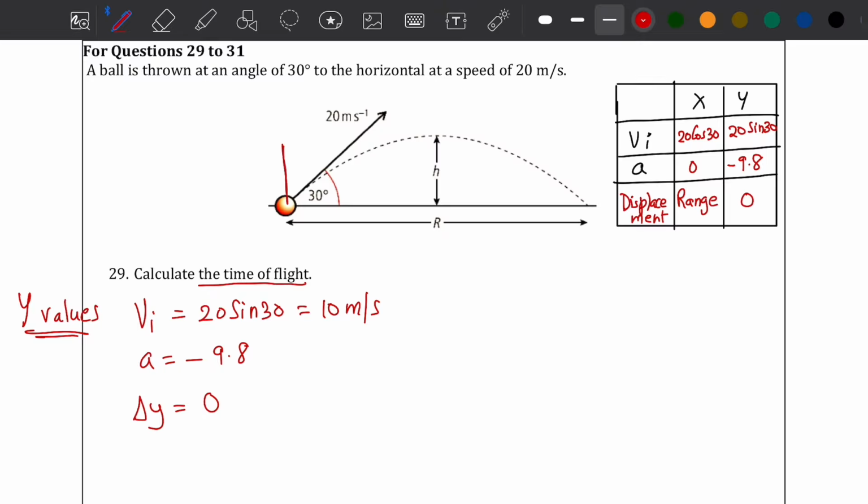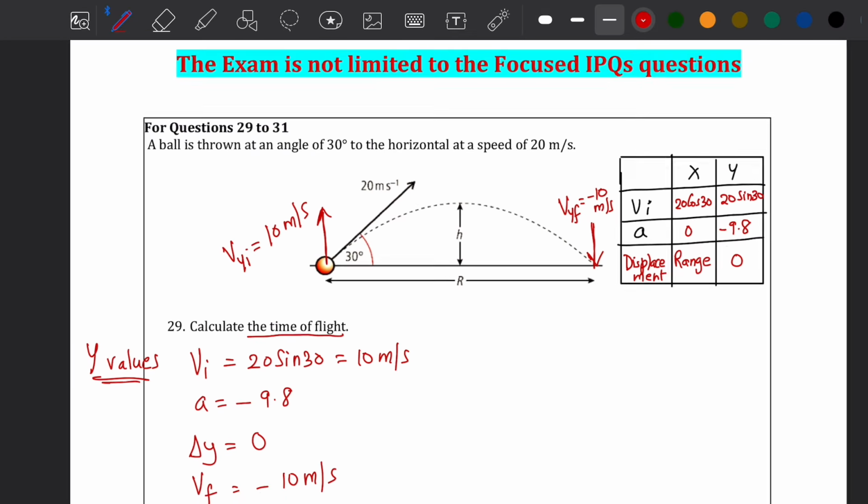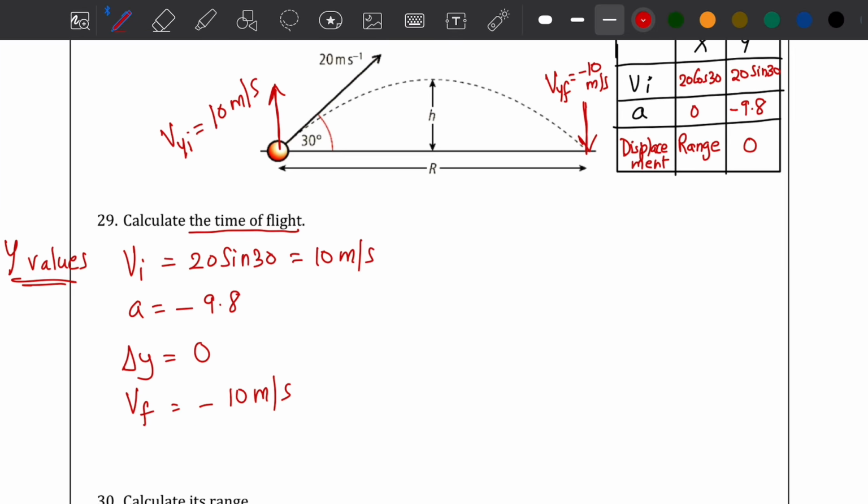So it starts with 10 meter per second upwards, and when it reaches the ground, the final vertical velocity will be negative 10 meter per second, because it's going down. So we can also write that negative 10 meter per second. Now from the equations which will be given in the formula sheet, you have to choose the correct equation for this. So I'm going to write Vf equals Vi plus At.